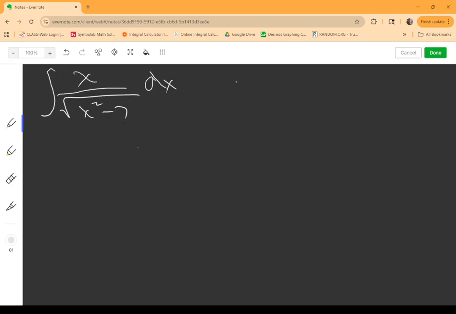We're just going to make our substitution. So here our a is actually root 7, not 7, because a squared would be 7. So we'll just let x be root 7 secant of theta. For this particular type, when it's x squared minus a squared, our secant of theta is equal to x over root 7.